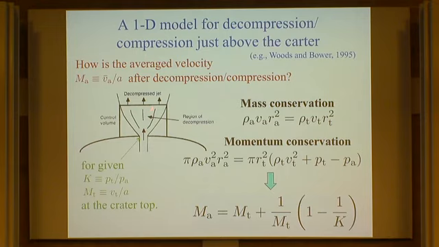Using mass conservation and momentum conservation, we get a very simple relationship between the Mach number here, the Mach number at the crater top, and the pressure ratio, like this. I also checked this relationship by 3D simulation, and it worked again.